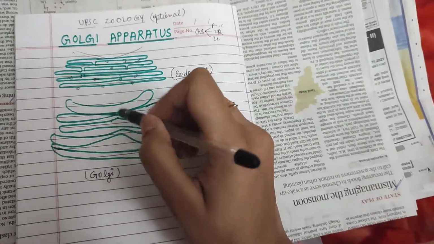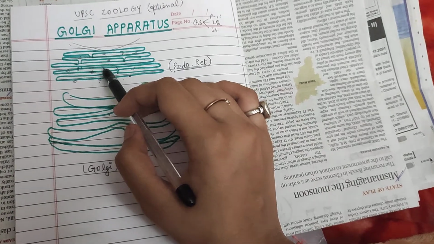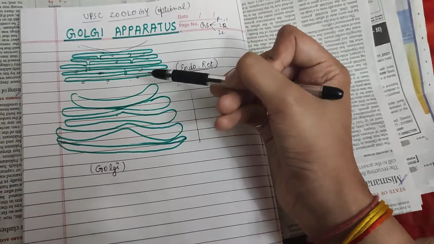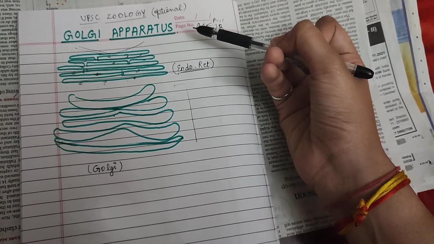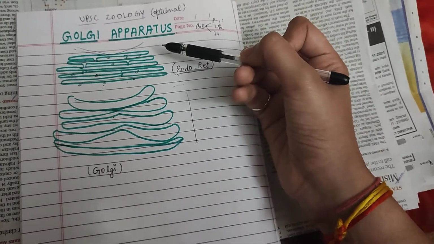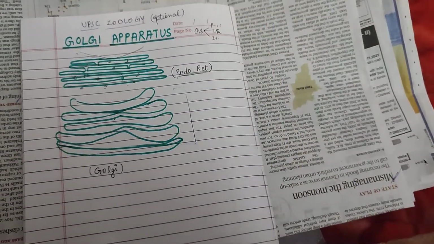So in the previous video we discussed that the ribosomes on the endoplasmic reticulum are going to do the protein synthesis part. They are going to synthesize proteins and these lie inside the lumen of the endoplasmic reticulum.